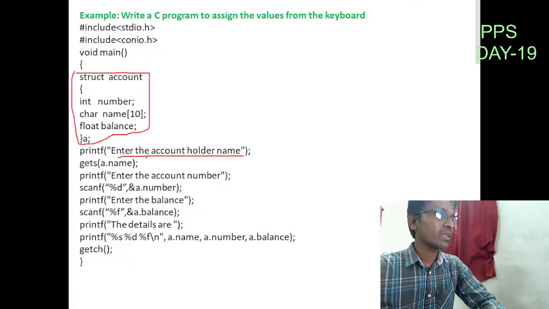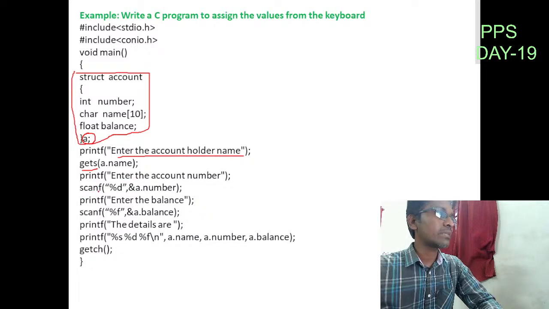So now I am asking for a value from the keyboard, that is, enter the account holder name. By using the gets function, followed by the structure variable and the dot operator, I am going to access the name of the account. Similarly, I am going to display one more message, enter the account number.